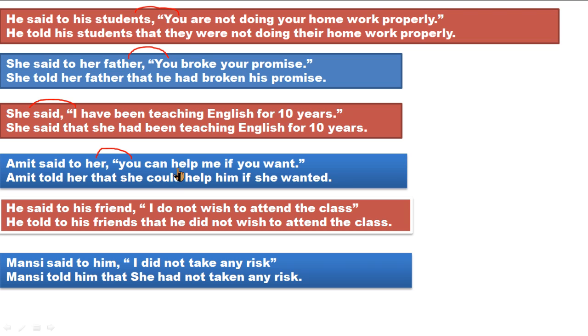We use first form with the modals. So we wrote help me. Me is the first person. First person is changed according to subject and the subject is Amit, so we wrote him. If you, the second person, is changed according to object, so we wrote she. This is subject plus first form, so we wrote wanted.